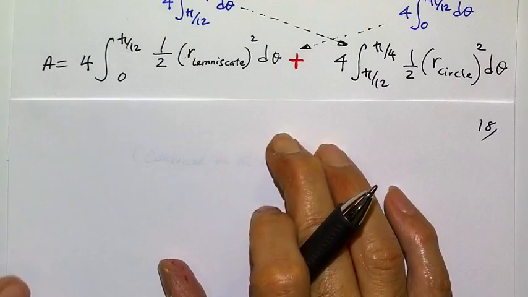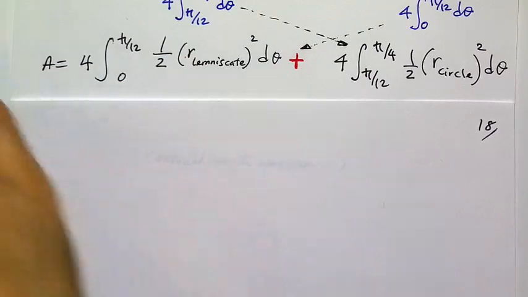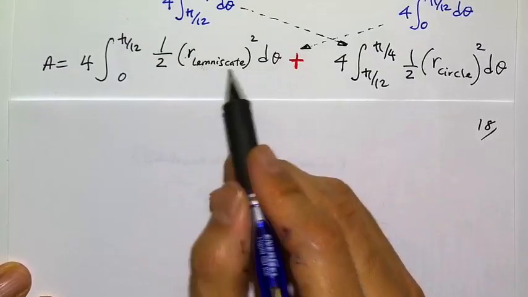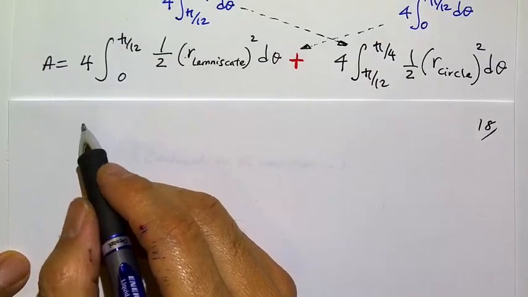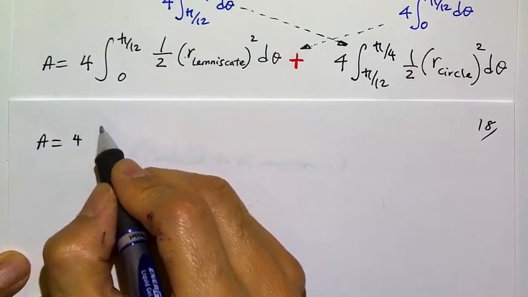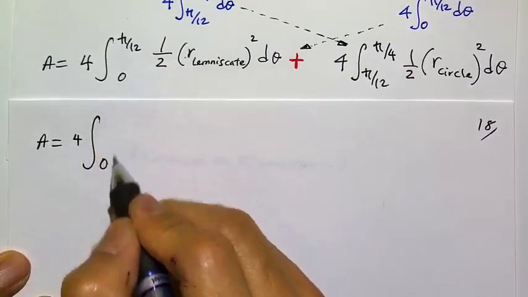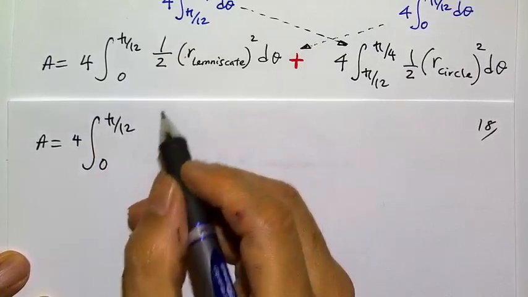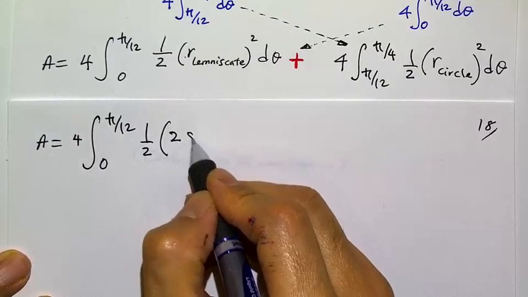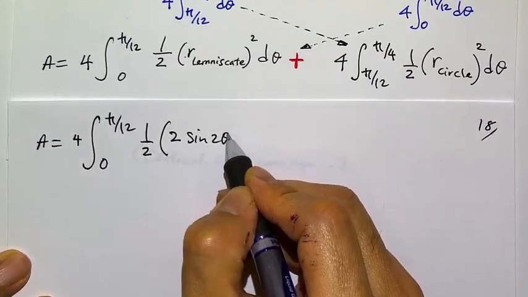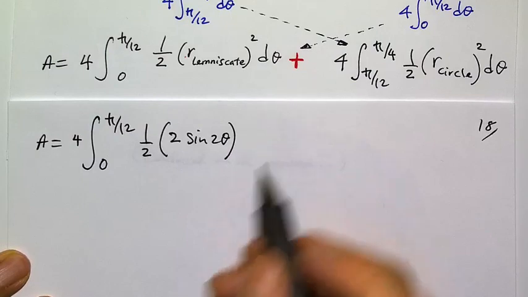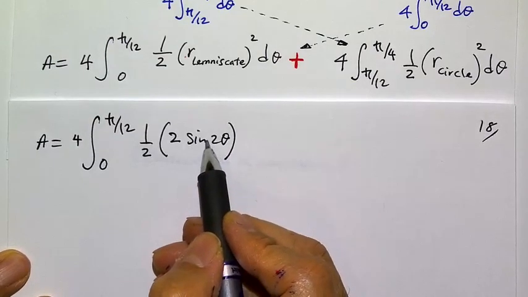Okay, so now we're going to put in the polar equations for each appropriate curve. So we have the area equals 4 times the integral from 0 to pi over 12, 1/2 times 2 sine 2 theta. Let's see, and we don't need to square this, right?